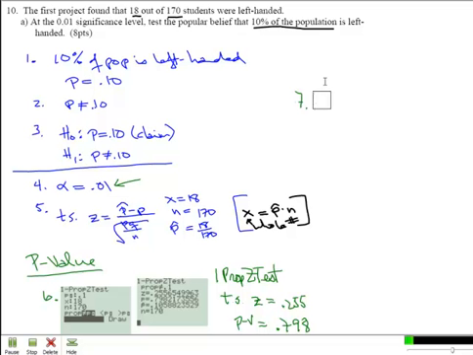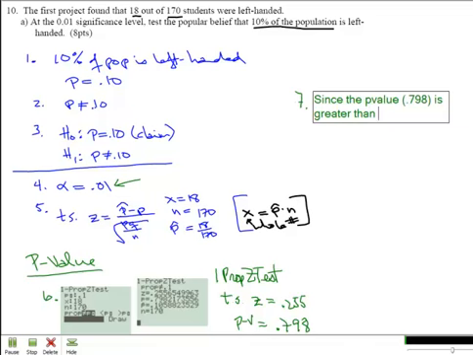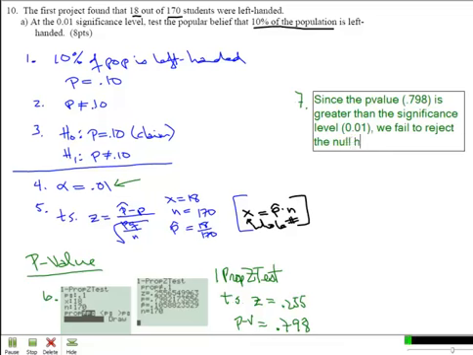So since the p-value 0.798 is greater than the significance level 0.01, in this case, we fail to reject the null hypothesis.